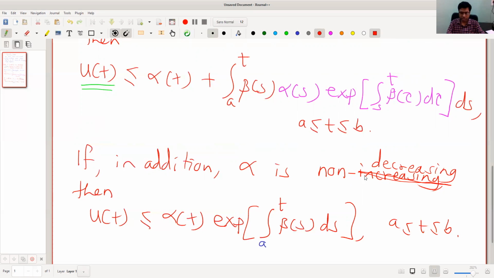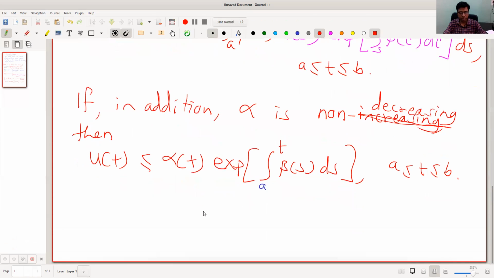If alpha is non-decreasing function, then we can rewrite this inequality as u of t is less equal alpha of t into e raised to integral beta of s ds. Limits are from a to t. In first inequality, limit is from s to t, s is integration variable. So this is quite simpler inequality, and we are going to use this inequality in our next result.